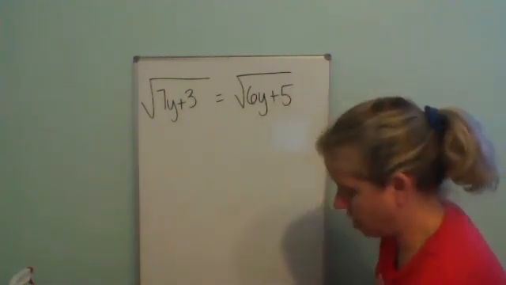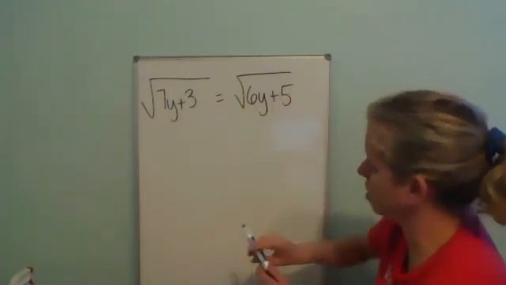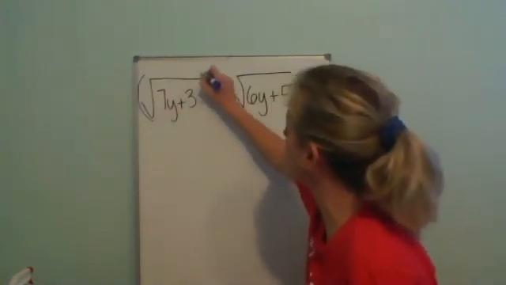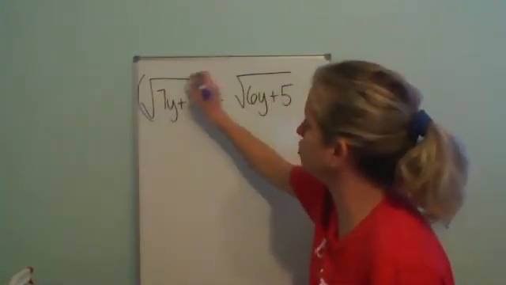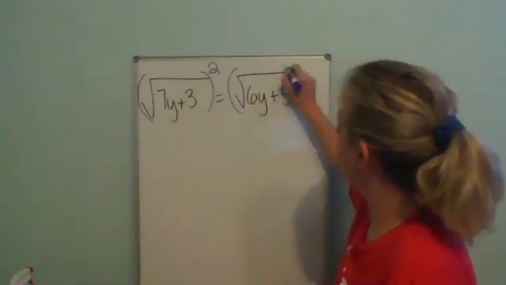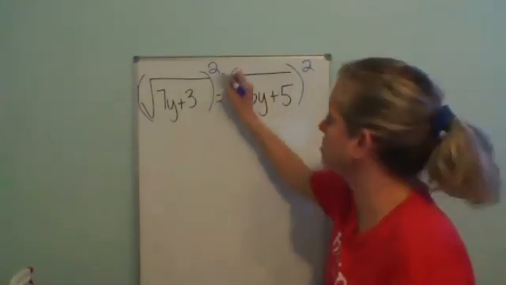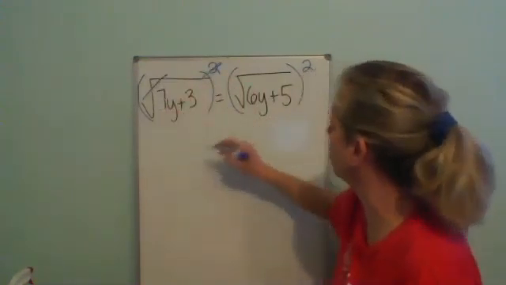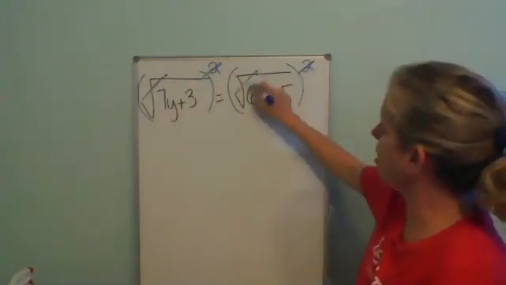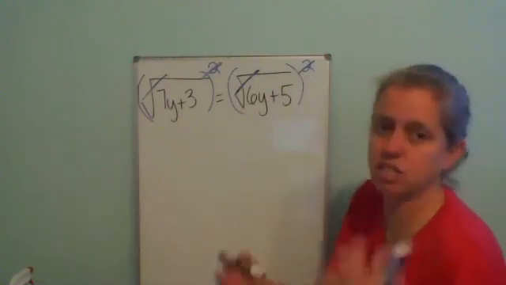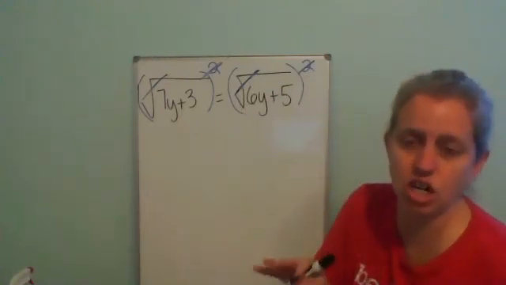So I don't have anything outside of the square root, so I'm going to go ahead and cancel the square roots. How do you knock out a square root? With a square. If I do it to one side, I have to do it to the other, which actually works out nice for us because the square knocks out the square root there, and the square knocks out the square root there. So it's essentially just releasing what's underneath the radicals.